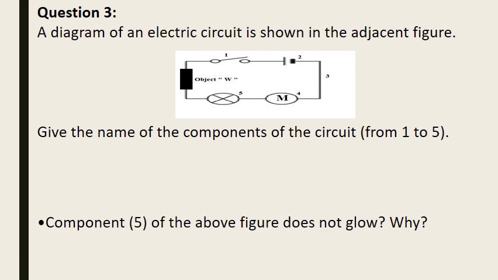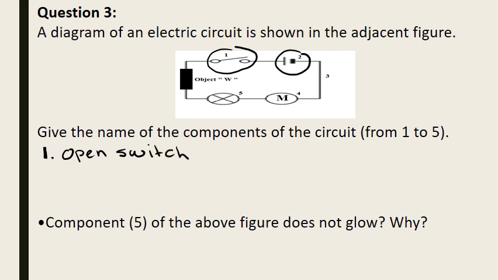A diagram of an electric circuit is shown in the adjacent figure. Give the name of the components of the circuit from 1 to 5. So number 1 is here. You can see this is an open switch. Number 2 is a battery.